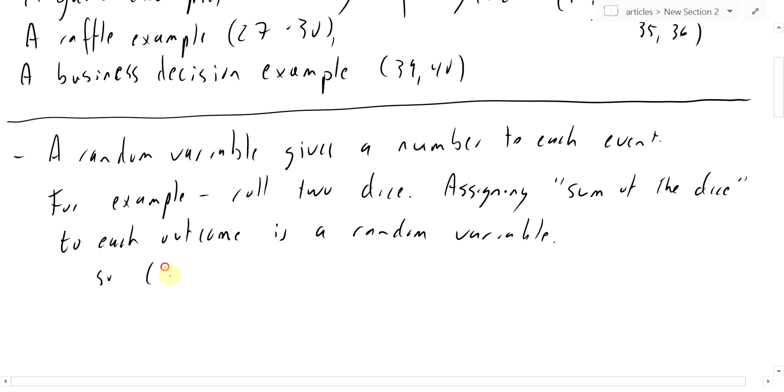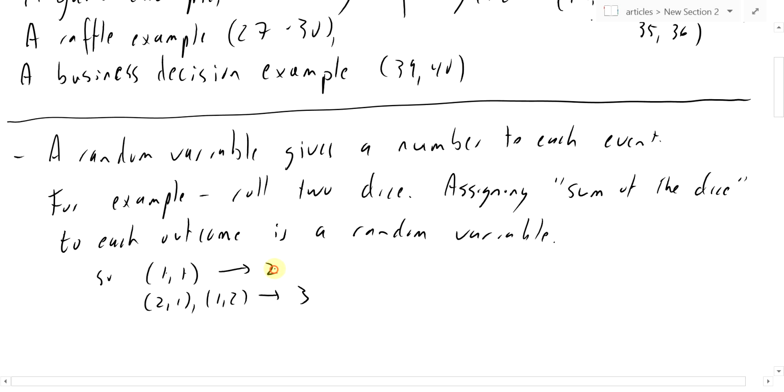So, to the outcome 1 on the first die, 1 on the second die, you assign the number 2. To the outcomes 2 and 1 and 1 and 2, you assign the number 3. Right? And then you can do that for all of them if you wanted.